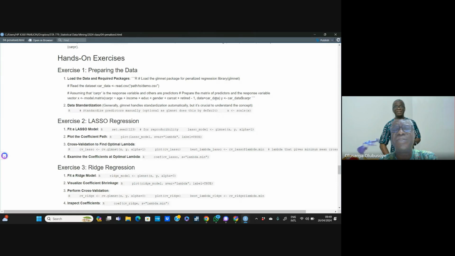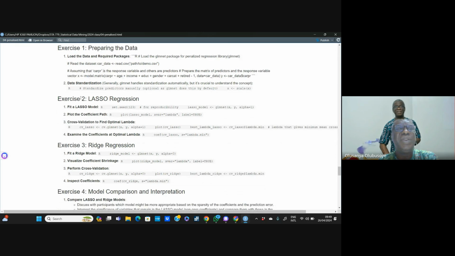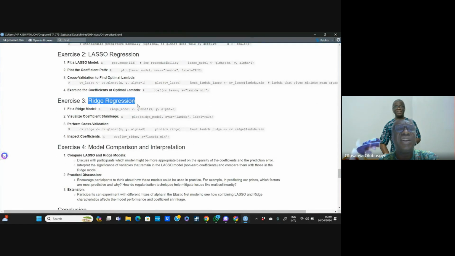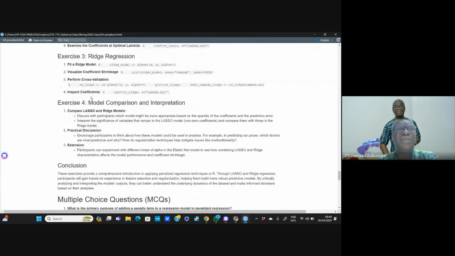All of these ones will be your features. So you will now follow this step to be able to run the LASSO regression. Follow this step to be able to run the ridge regression. Follow this step.